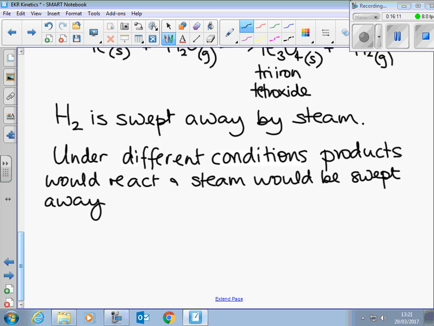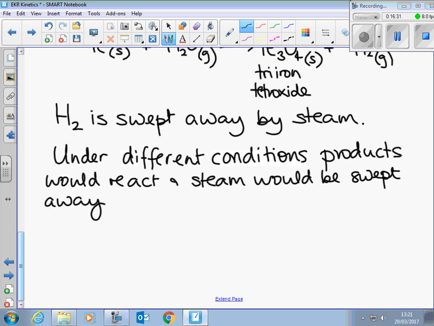So you can imagine a different physical arrangement where you would be starting with tri-iron tetroxide, you'd feed hydrogen gas over that, and you'd be getting iron produced as a result, and water, steam, coming out the other side.